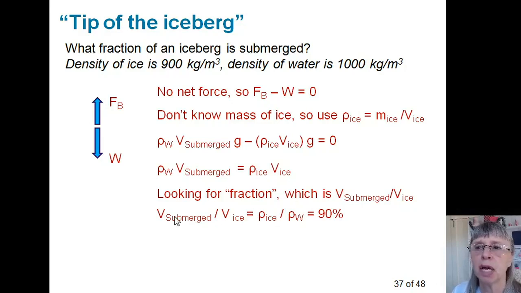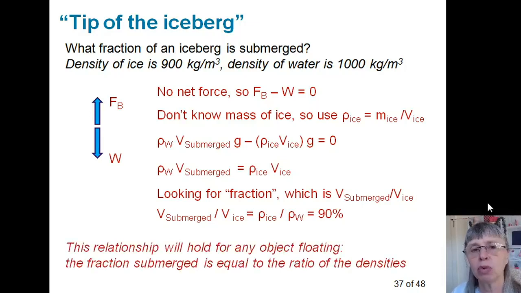In this case, the fraction submerged is equal to the density of the ice divided by the density of water. Since it's 900 and 1,000, this ratio is 90%. The density of ice is 90% the density of water. That means the iceberg will be 90% submerged.